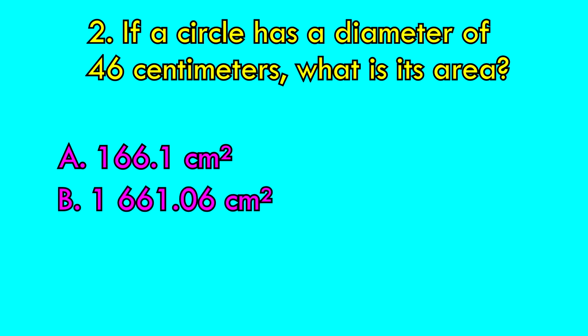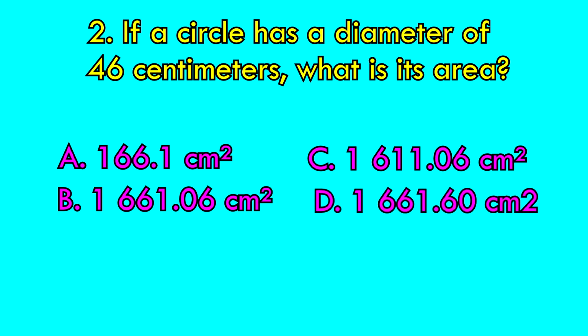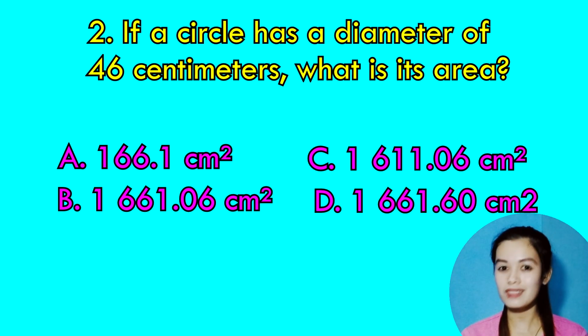Letter B, 1,661 and 6 hundredths centimeters squared. Letter C, 1,611 and 6 hundredths centimeters squared. Or letter D, 1,661 and 60 hundredths centimeters squared. Your time starts now.